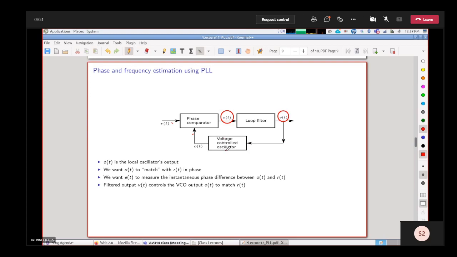We have already seen voltage controlled oscillators when we studied FM modulation. It will produce a sinusoidal signal at the output whose frequency is a function of the input voltage. So the output frequency is going to be some sensitivity times the input voltage.